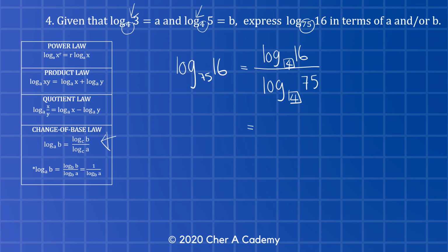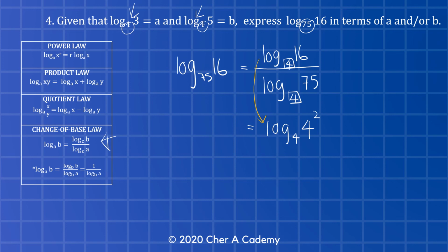Okay. So now I have log base 4 16. Okay. And I have log base 4 75. I will need to change log base 4 16 to the same number, because log base 4 4 gives me 1, right? So I will have a 2 here. So I change log base 4 16 to become log base 4 4 square.